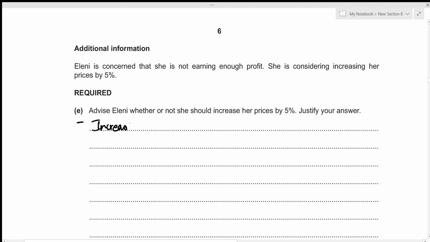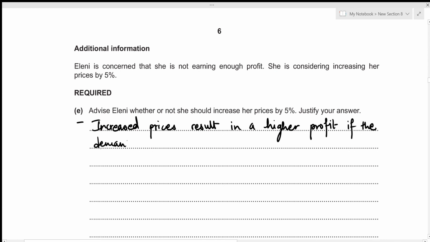Increased prices result in a higher profit, but only if the demand is maintained.